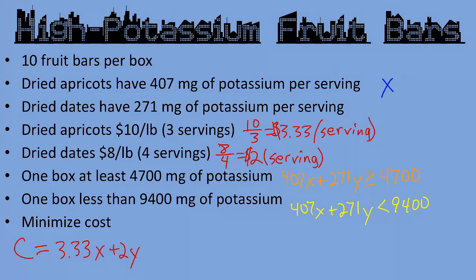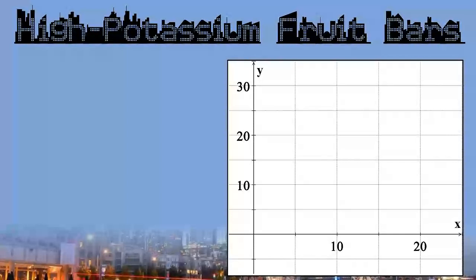So x has to be greater than or equal to 0, and y has to be greater than or equal to 0. Both of those things have to be true. One of them could be 0, but they both will not end up being able to be 0. So here are my inequalities that I'm going to be graphing on the next slide.